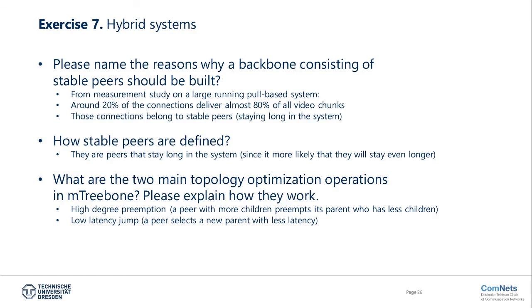Why is that? If the peer with more children stays further away from the video source, it means that a large number of the children will also receive higher latency.